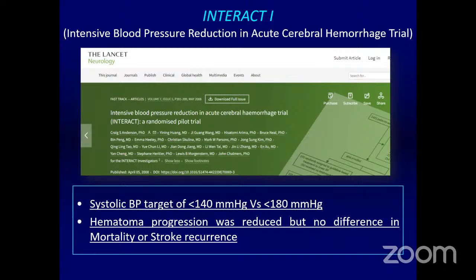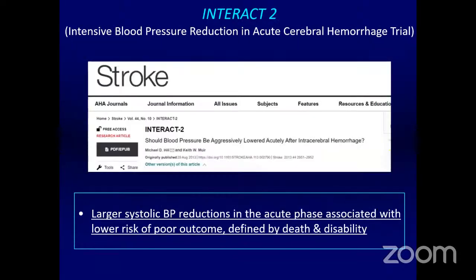So the impression we can have from the study is that you might maintain a target of 140 or 180, but with either parameter control, the progression of the hematoma was reduced, but there was no change in mortality or stroke recurrence.